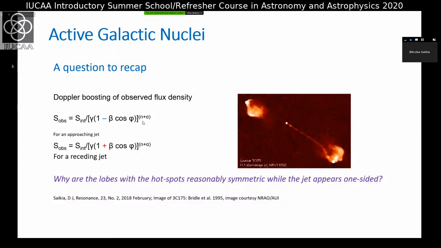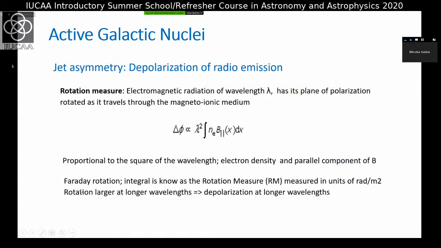You can just play around substituting numbers over here, and you will see that for very mildly relativistic velocities, maybe less than 0.1 c or 0.2 c, and reasonably moderate or large angles to the line of sight, you're going to see flux density ratios or lobes which are reasonably symmetric, right? So that is the answer to that query, which you took part in the poll.